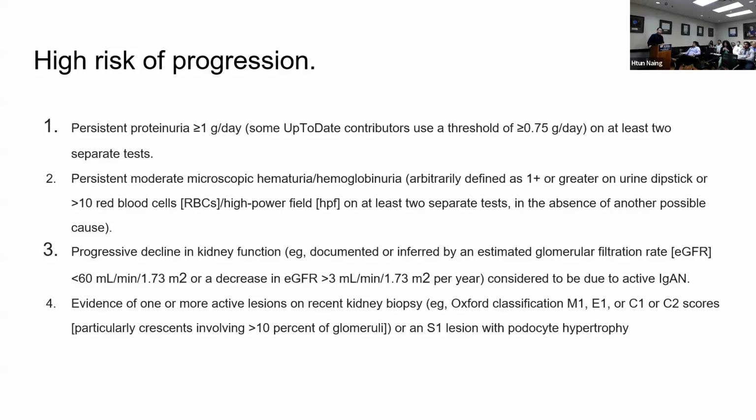Progressive kidney decline, with GFR declining every year by more than 3 in IgAN. The Oxford score shows M1, E1, C1, which are indicators that active disease progression is going on, and S1 with podocyte hypertrophy. If you see 3 or more of these, the patient has a high risk of progression.